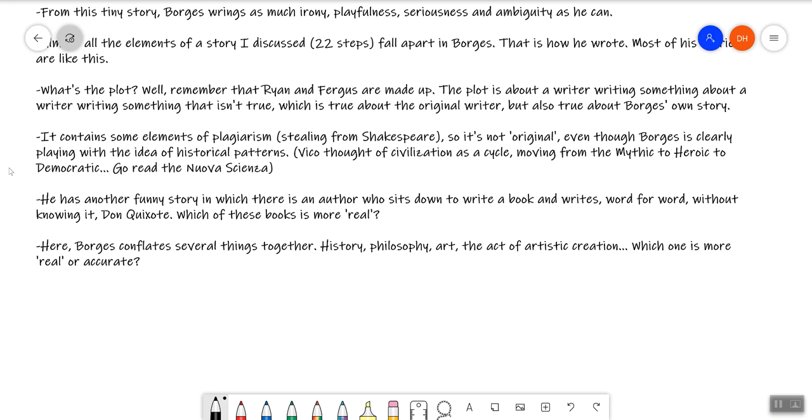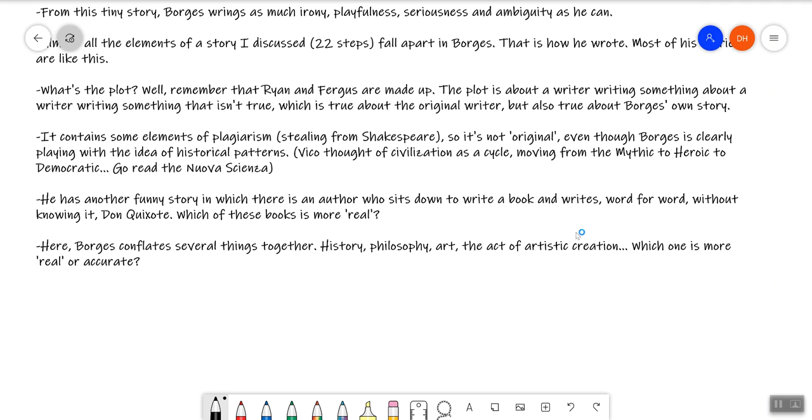All these machine parts working here. Now, for example, Borges has another funny story in which there's an author who sits down to write a book. And he writes, word for word, without knowing it, the book Don Quixote. Now, the joke in the story is, well, which of these is more real?